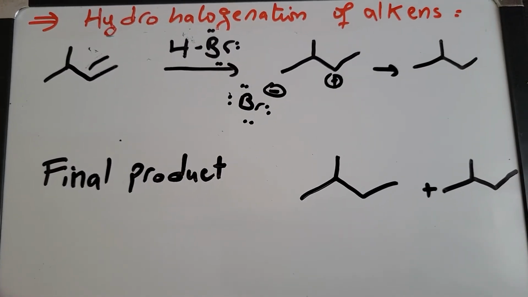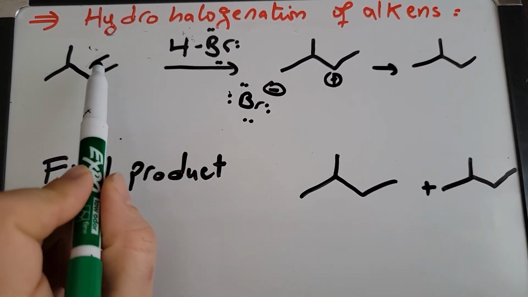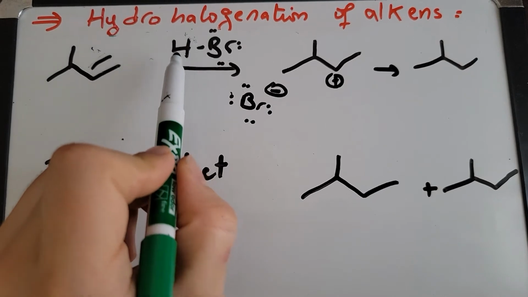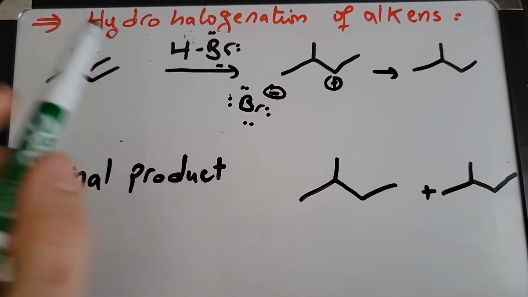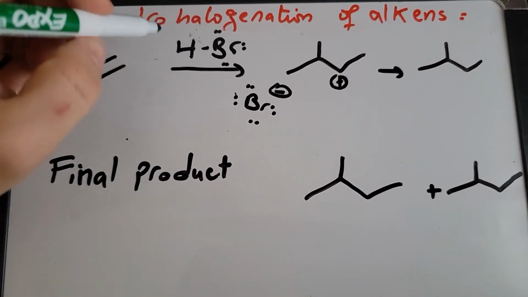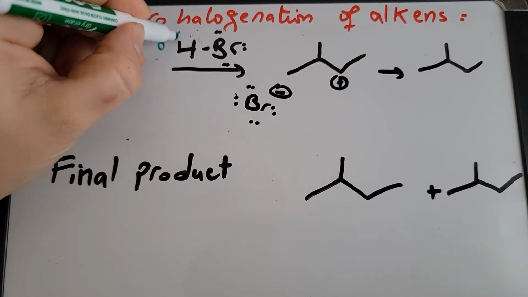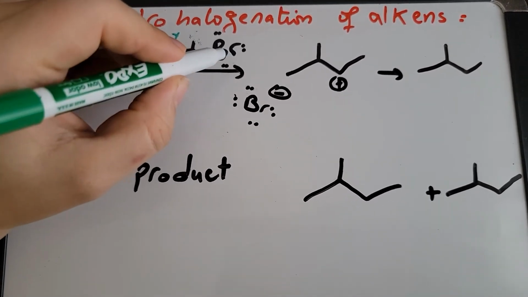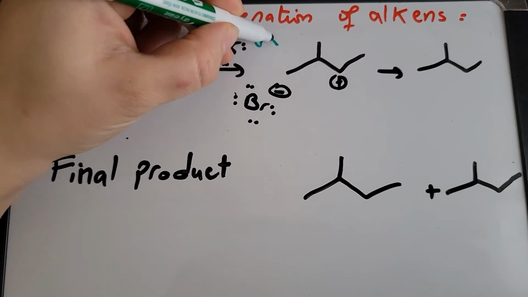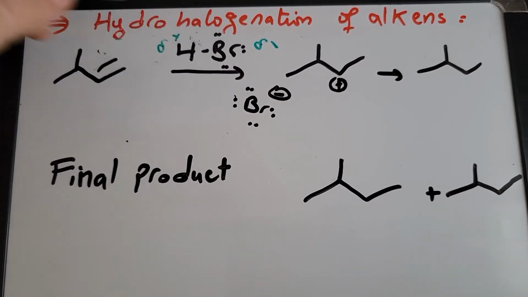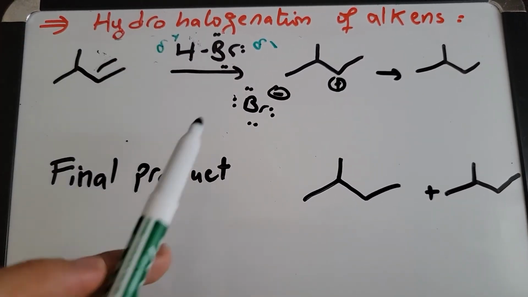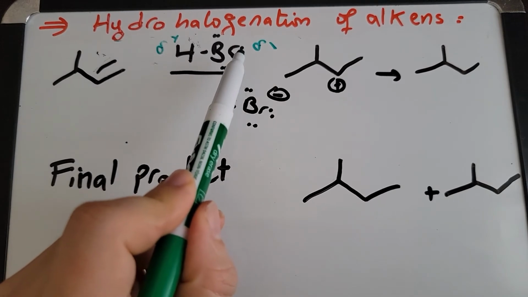In the first place, the double bond will act as a nucleophile and attract the hydrogen. Since here, for the hydrogen, we have a partial positive charge, and for the bromine atom, we have a partial negative charge, meaning that the bromine atom is pulling the electrons of the bond toward it.